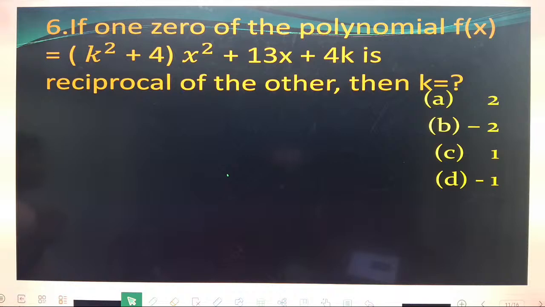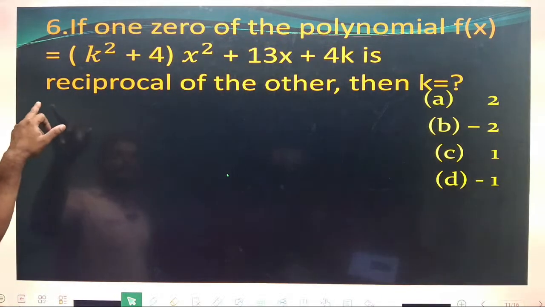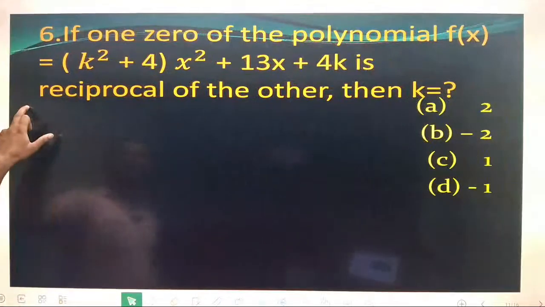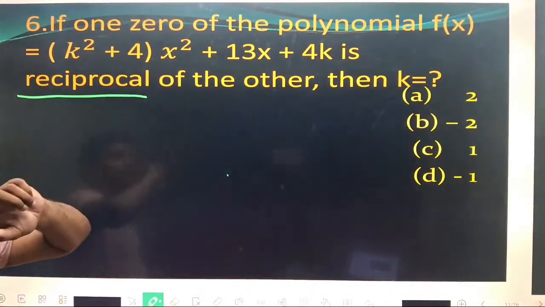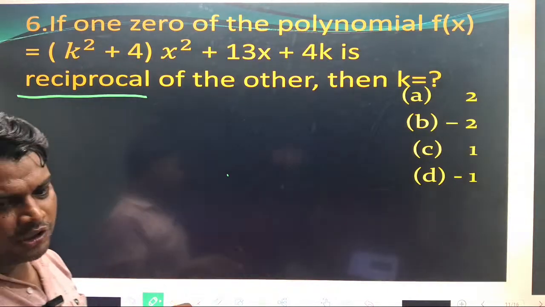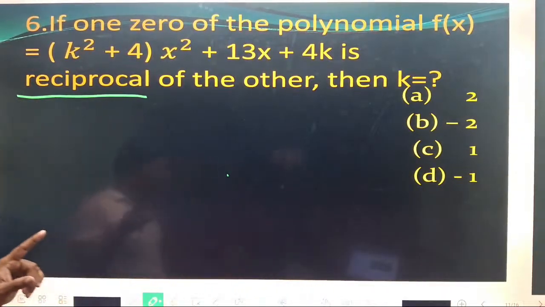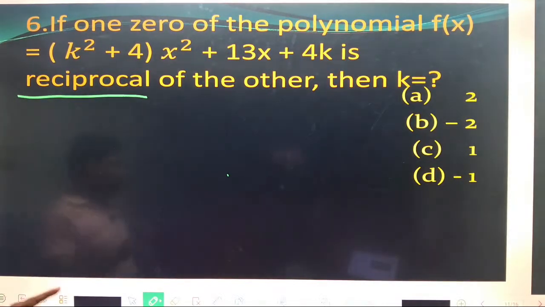Make a standard using step by step. The concept is that if the zeros are reciprocal to each other, you always see this word. If you see this word, the zeros are reciprocal, then always use the relationship, the product of zeros.